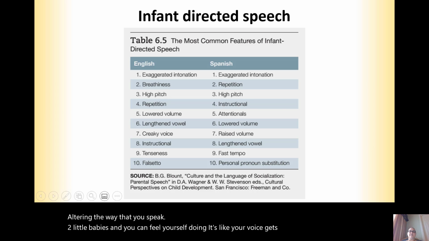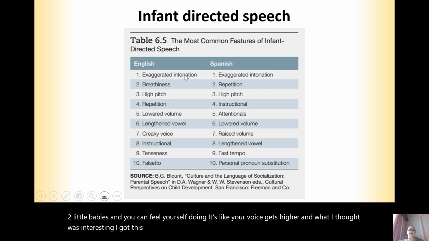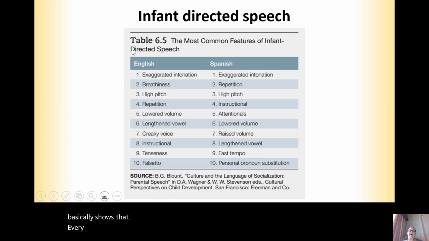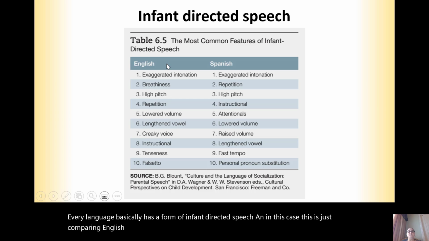And what I thought was interesting, I got this from a different textbook that I think is really interesting. And it basically shows that every language basically has a form of infant directed speech. And in this case, this is just comparing English and Spanish. And what do they have in common and in what order?